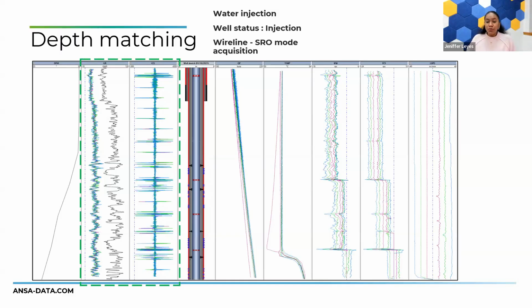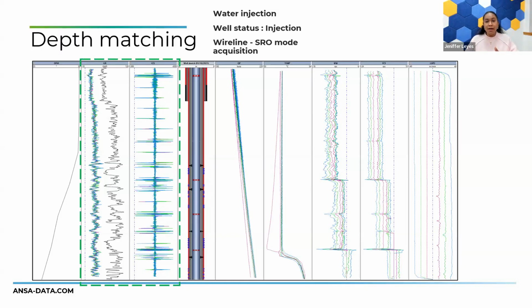In order for us to do that, what we usually use is the gamma ray curves. We have the gamma ray curves that we acquired during the PLT survey, and we made sure that we align them to a reference gamma ray. This reference gamma ray is generally provided by the client, and we know that it is properly depth corrected.